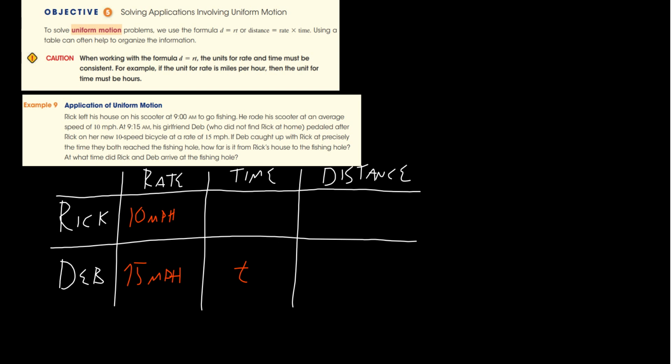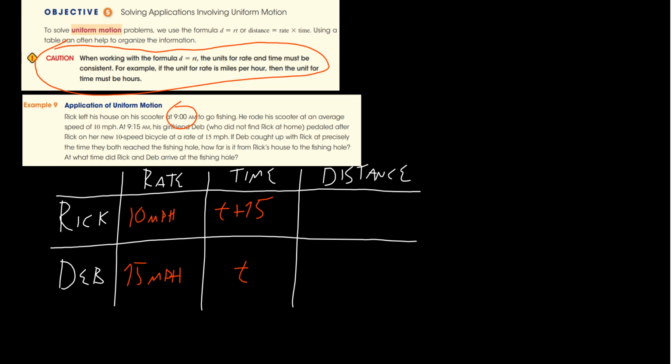It's going to be very tempting here because it says at 9:15, his girlfriend Deb pedaled after Rick on her new bike. So it's very tempting to say that Rick's time is t plus 15 minutes, because he left at 9 o'clock. But looking at this caution here, big deal: when working with the formula d equals rt, the units for rate and time must be consistent.